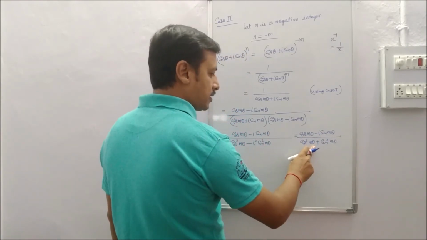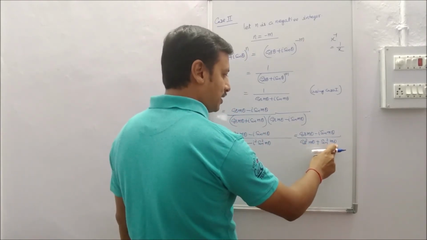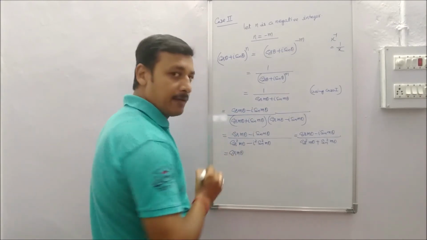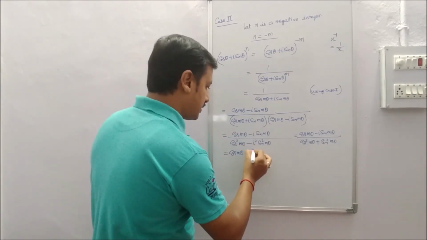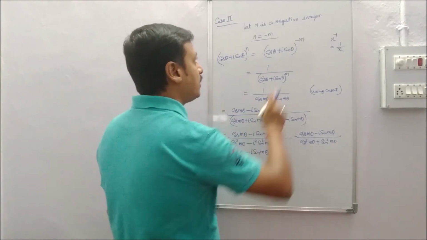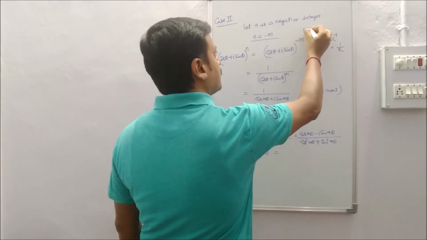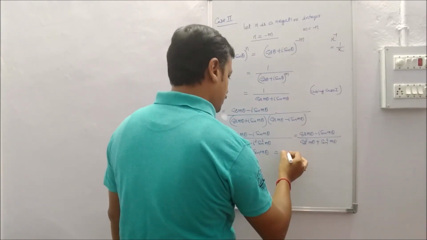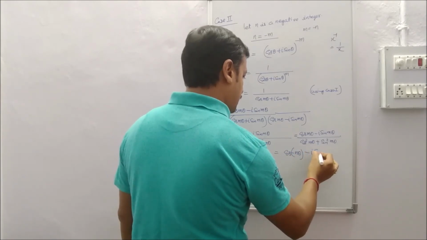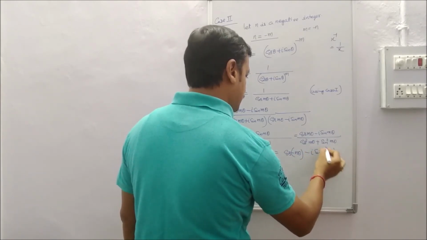Cos square theta plus sin square theta is equal to 1, so it is cos m theta minus i sin m theta. What is the value of m? m is equal to minus n, so cos minus n theta minus i sin minus n theta.